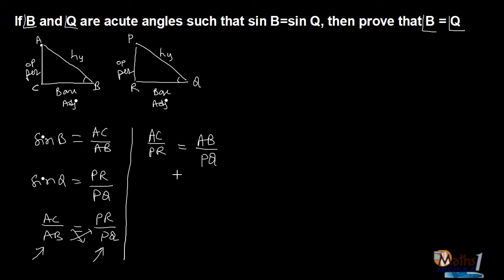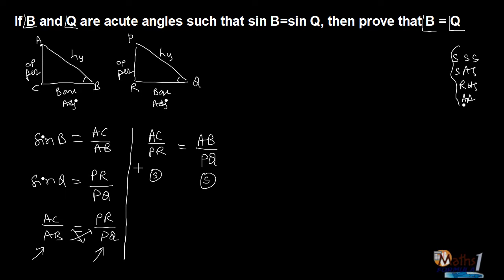I'm comparing these two sides and the ratios are written equal, but my criteria says either I should use SSS, SAS, RHS or AA, any one of them. Here I cannot come up with any angle. Angle is not given, but we need to prove angle B equals angle Q. So I need to show some similarity, then I can conclude angle B equals angle Q once that similarity is proved.